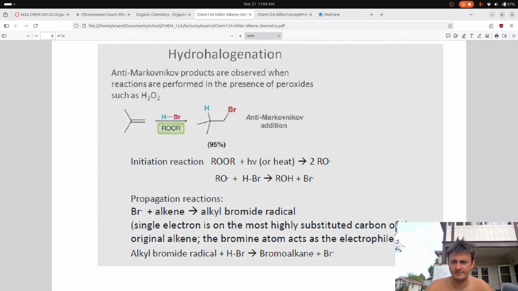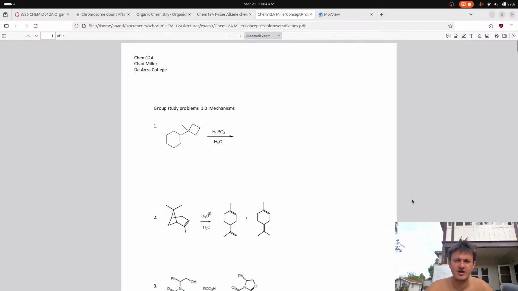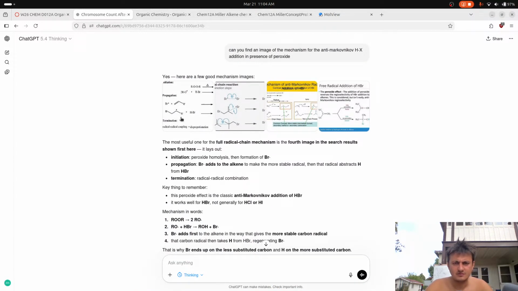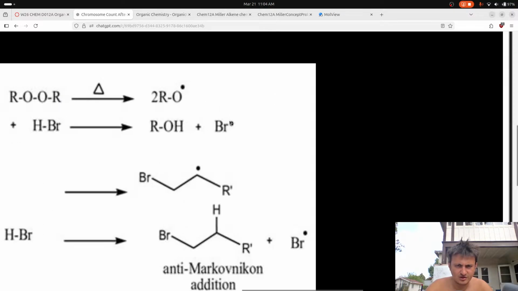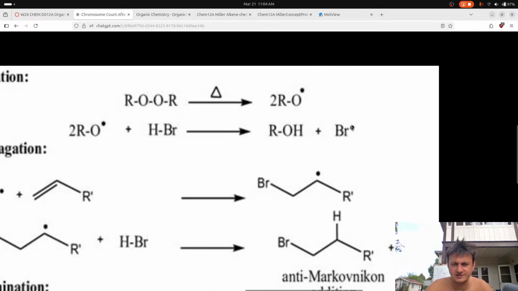Because I'm writing down all the mechanisms. It seems to me that really what you have to do is memorize a couple of edges of a graph. Is that a Br plus or a Br minus? Can't even tell. Oh no, I think that's a radical. That's just a dot.